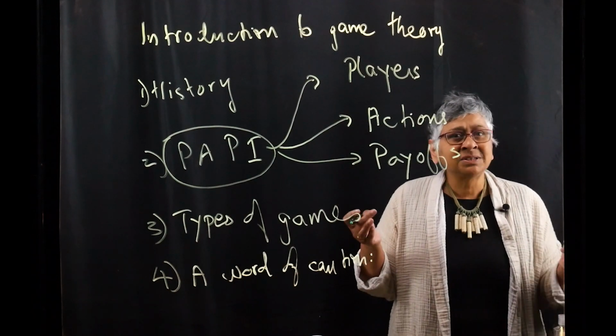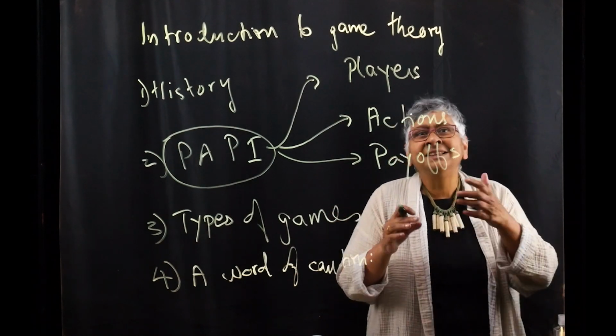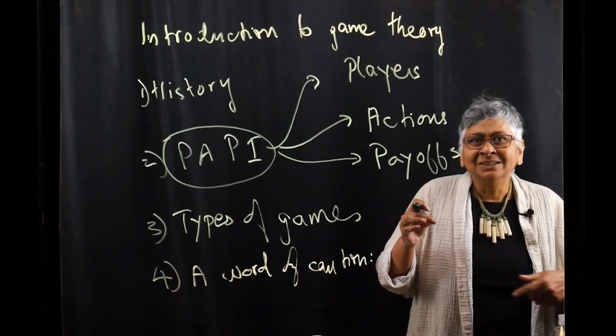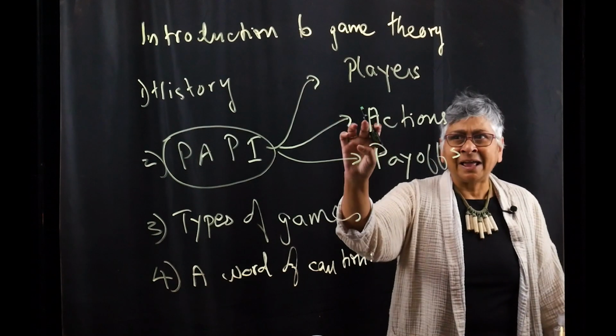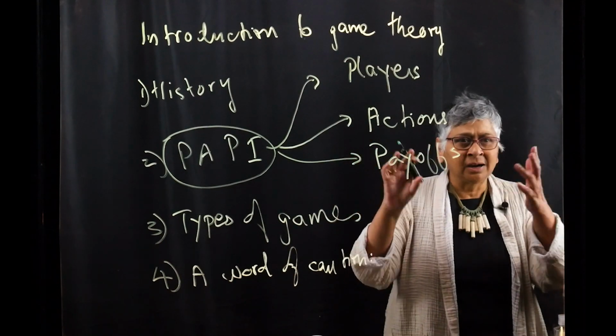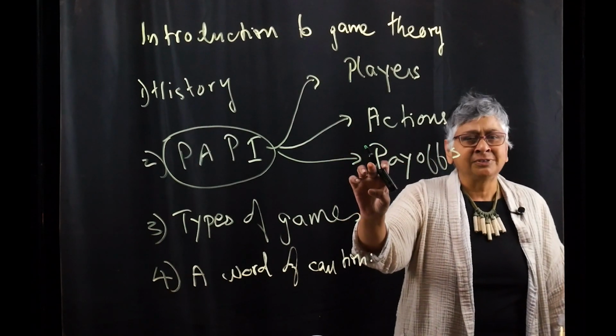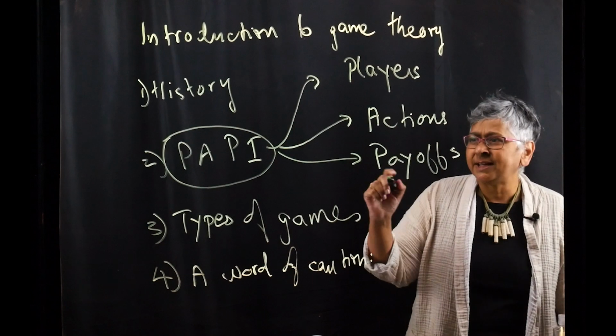In card games, the payoffs are often points, and at the end of the game, you tally who's got the maximum points, and so on, right? So you got players, you got actions. The action can be discard a card, whatever. You got a payoff, you get the points you get when you collect a set.